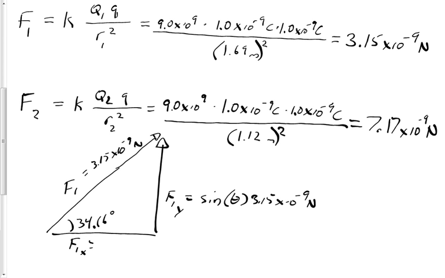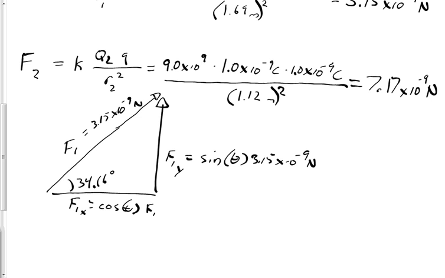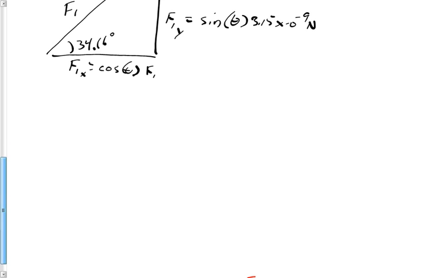And then here I'm just going to use the cosine of angle theta times the force along the hypotenuse, which again is the 3.15 times 10 to the negative 9th. Let me go ahead and put those values into an XY data table.